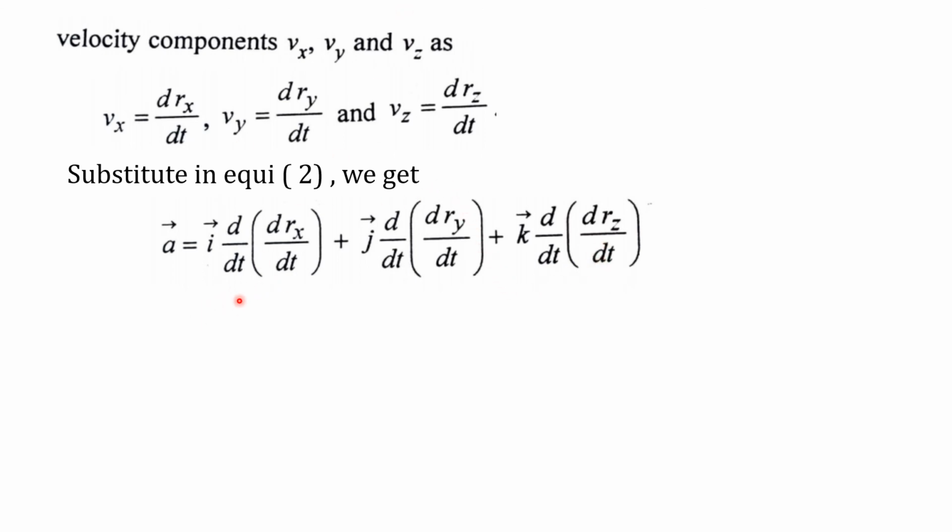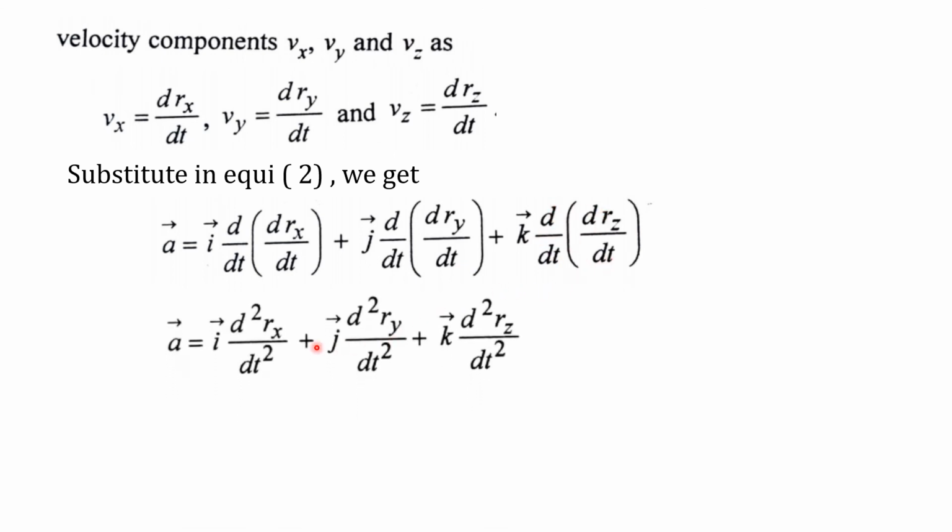Now, that equation becomes i d square rx by dt square plus j d square ry by dt square plus k d square rz by dt square.